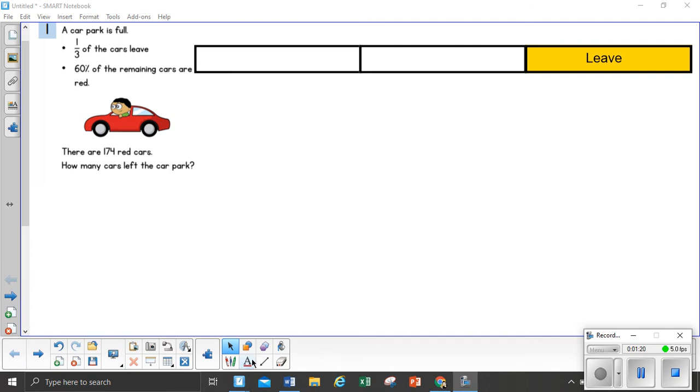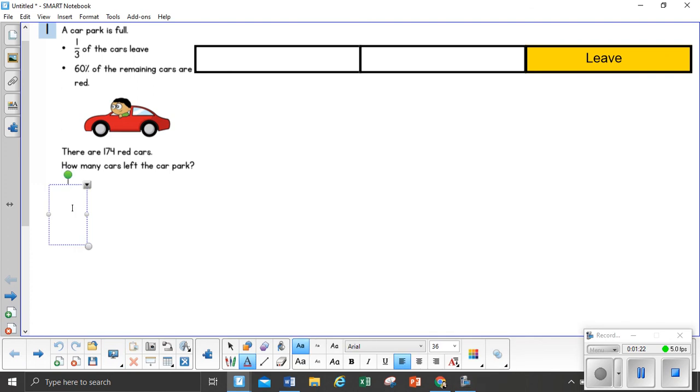Now 60% we can either think of as a fraction or a percentage or a decimal, but not in this question. So 60% is equal to 6 over 10, or 3 over 5.